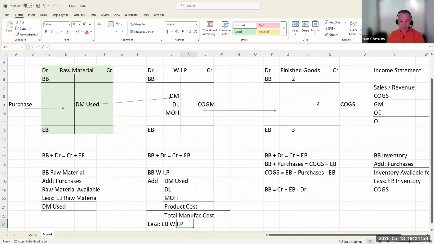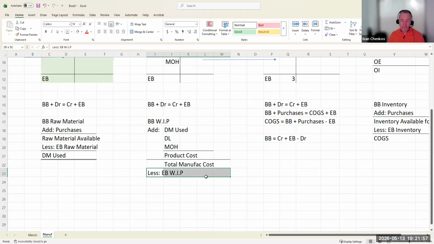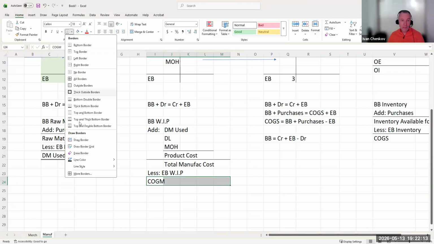And once I get the ending balance of work in process, it's going to give me cost of goods manufactured. And that's how we get the cost of goods manufactured.